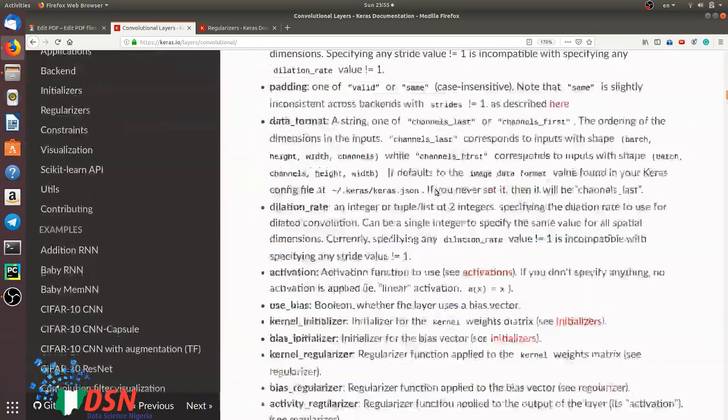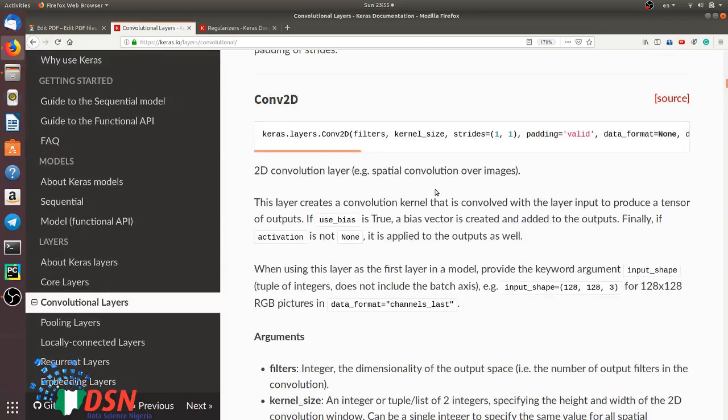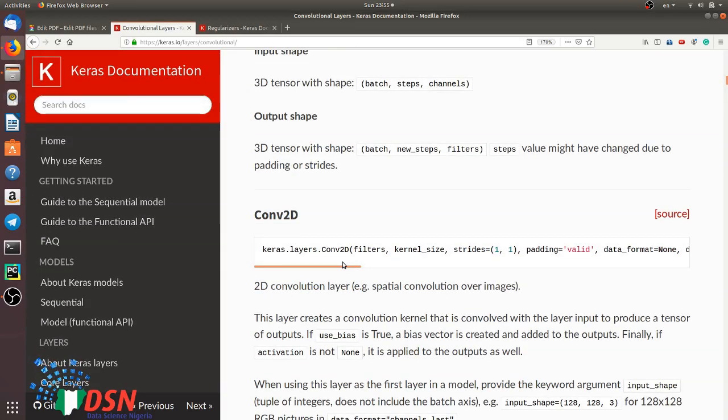So when you are building your model, one of the arguments is kernel regularizer, which you could use, for example, to apply L2 regularization in here.